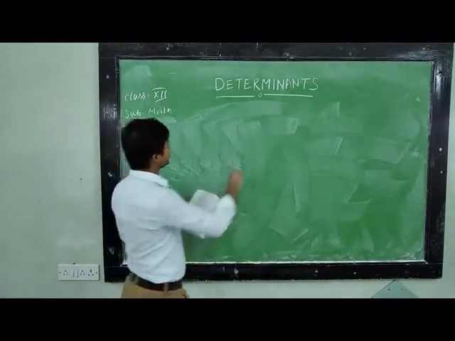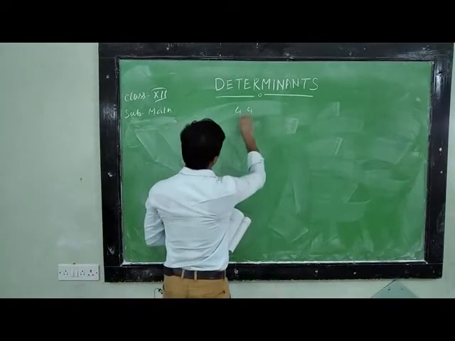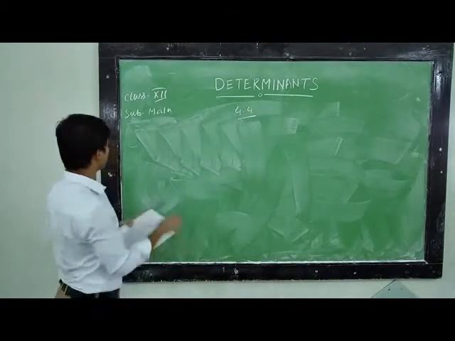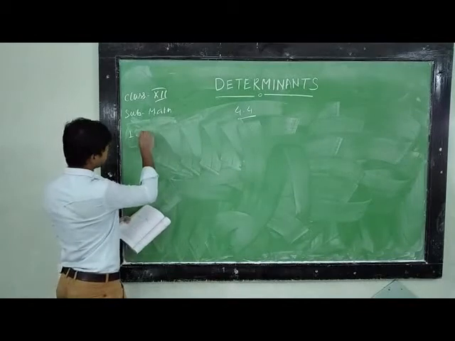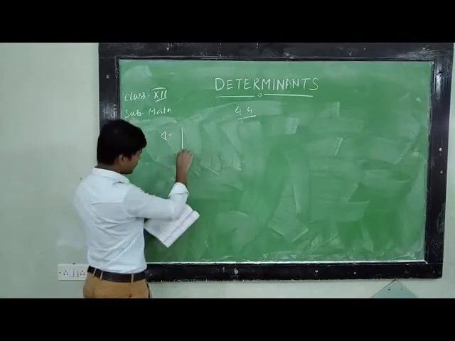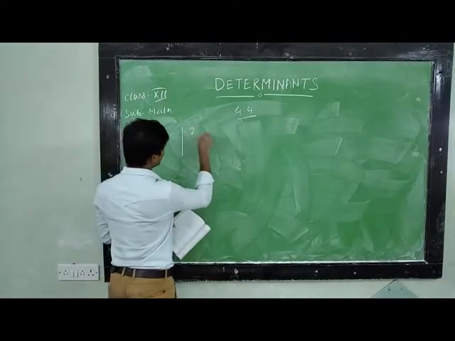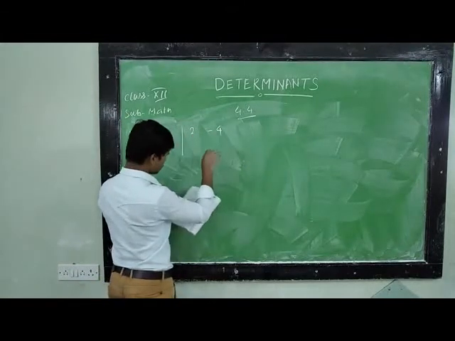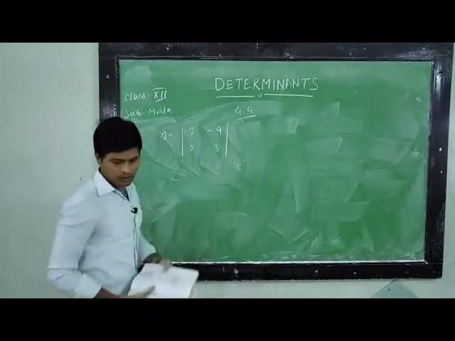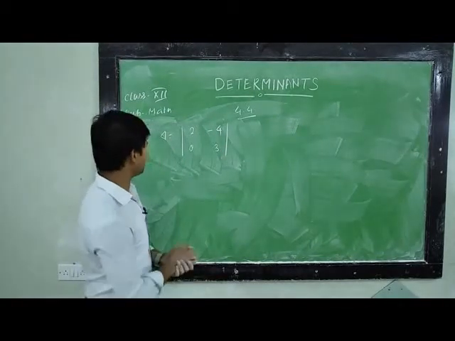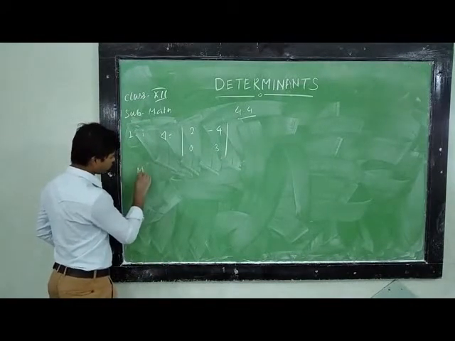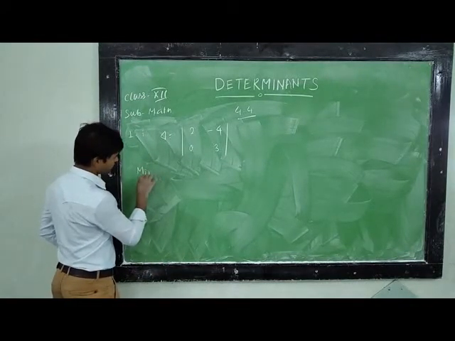Come to exercise 4.4. Write the minors and cofactors of the determinant. So question number 1. Let a determinant delta be given by 2, -4, 0 and 3. We have to calculate its cofactors and minors. So first, the minor M11.